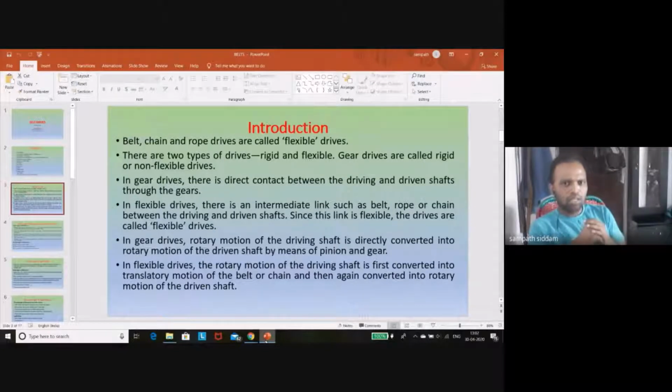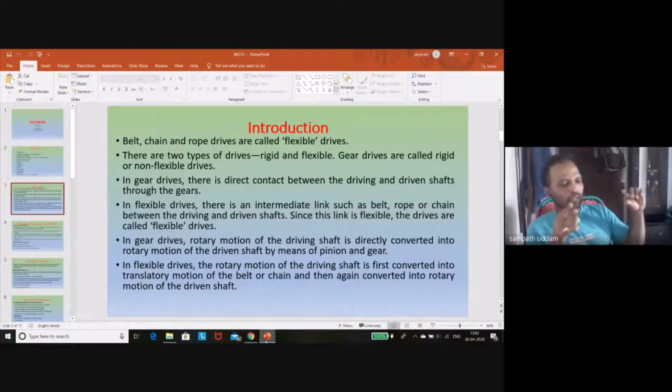So in this, let us first learn about the flexible drives and their advantages. Then we'll move on to the belt drives. So in the flexible drives, there is an intermediate link such as a belt, rope or chain. In between there is an intermediate link. Suppose you go with the gear drives over here, there is an intermediate gear, but there is no effect on your drives, maybe in the speed or velocity ratio.